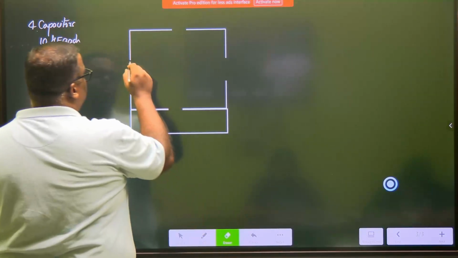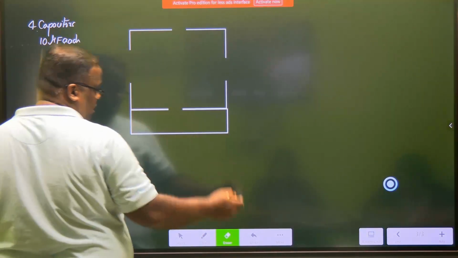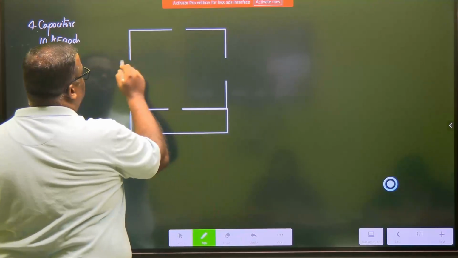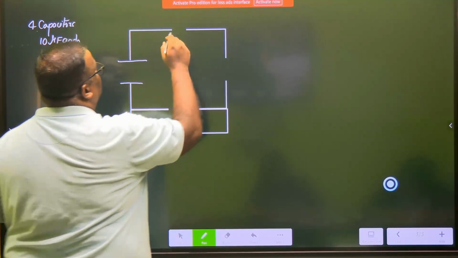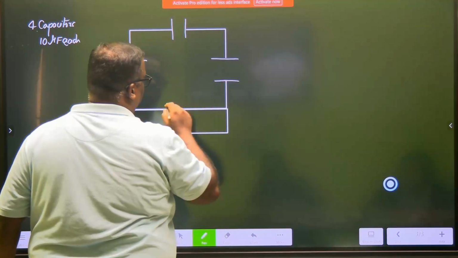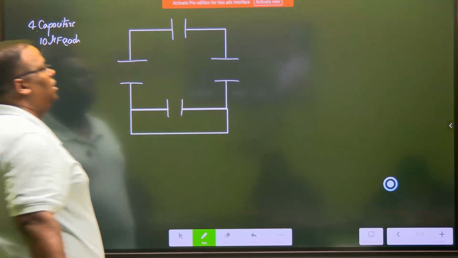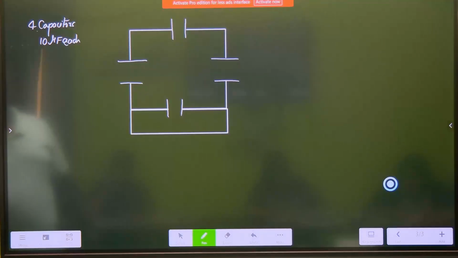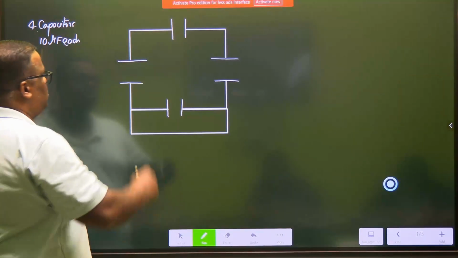So this is capacitor 1. There are 4 capacitors, and the capacitors have been named as C1, C2, C3, C4.